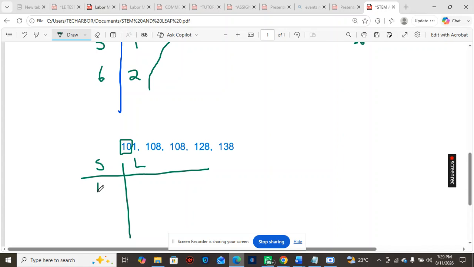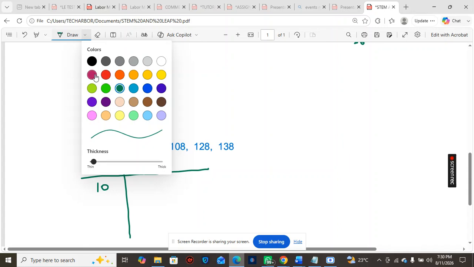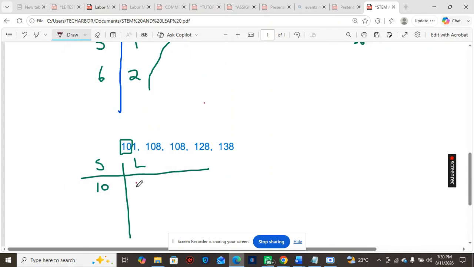101, you present it like this: 10 here, then you put a 1. This is 101. For 108, you put the 10 here, then an 8 here. Then another 108, just put an 8 there.